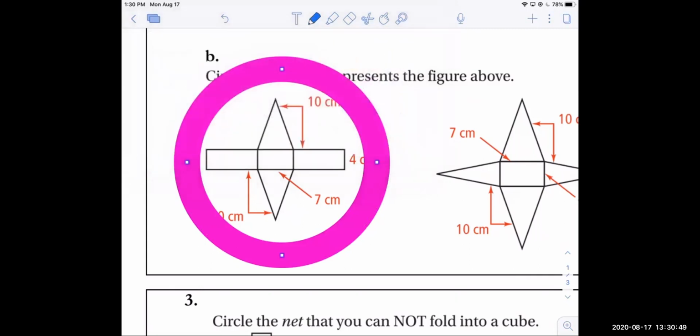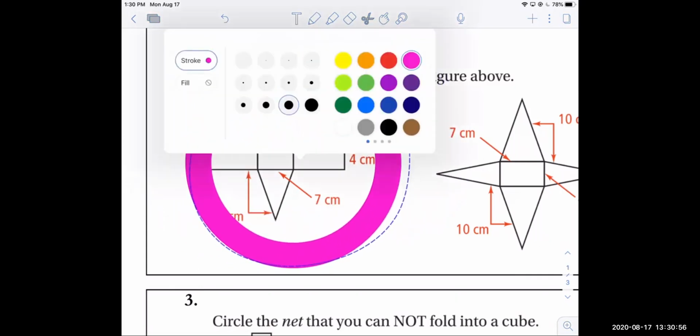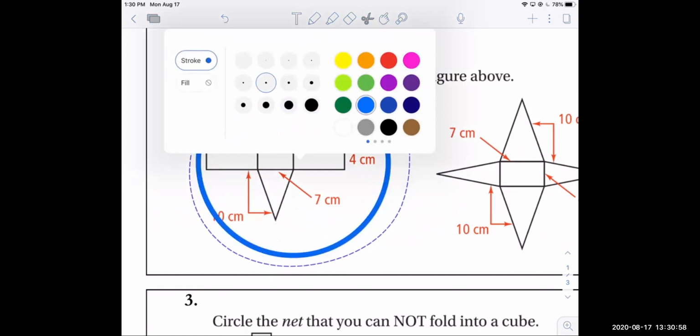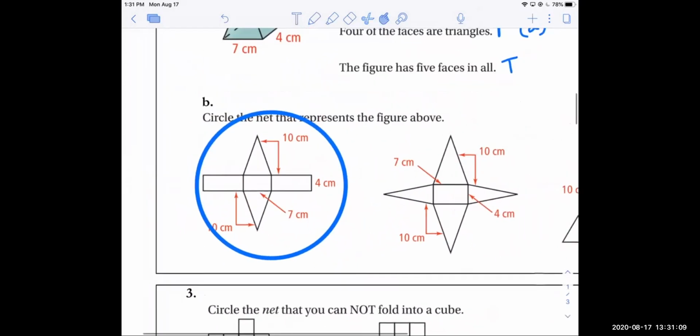You can also move it around. If you grab it, you can drag it and move it. Those are things that if you haven't used Notability, you might not know, and could be very helpful. You'll see me move and resize a lot, so I'll try to show you as I'm going.